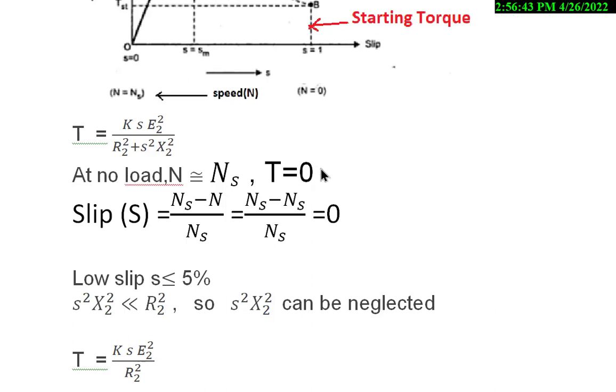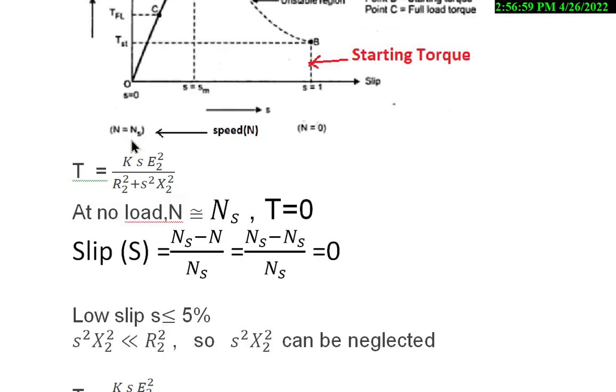So the torque will become 0, because slip becomes 0. Once slip becomes 0, torque also will become 0.